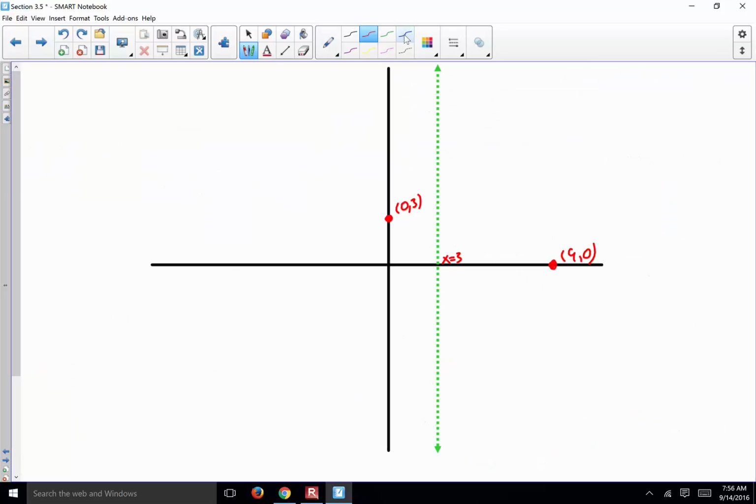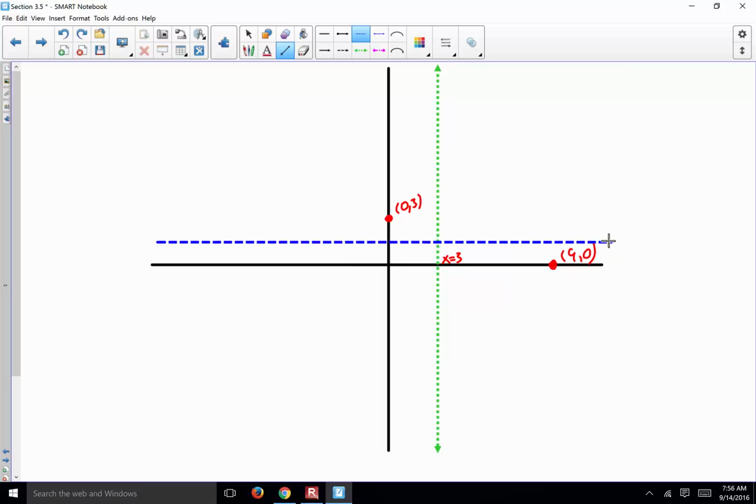What do I need to do? You're going to make that line a horizontal line now. Y equals 1 is somewhere here. Agree?